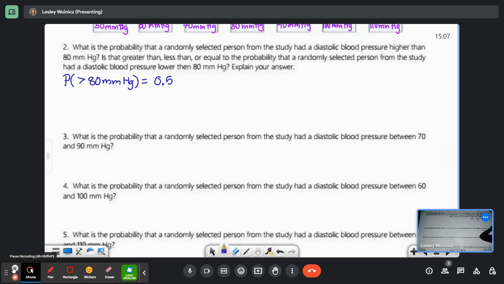What about lower than 80 millimeters mercury? Yeah, also 50%, so 0.5, 0.5.